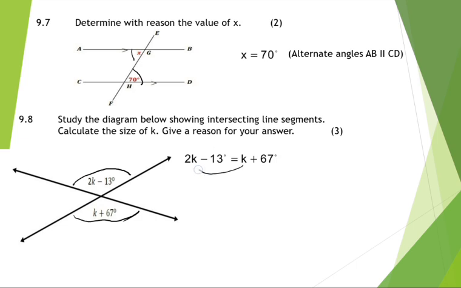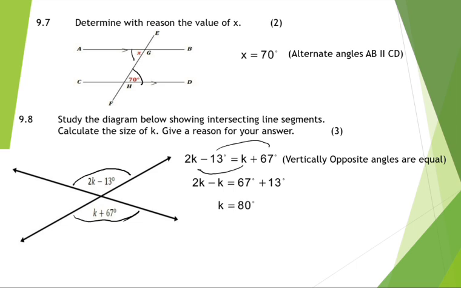So take like terms onto one side: 2K minus K is equal to 67 plus 13. 2K minus K is K, which is equal to 80. So that was the last one.